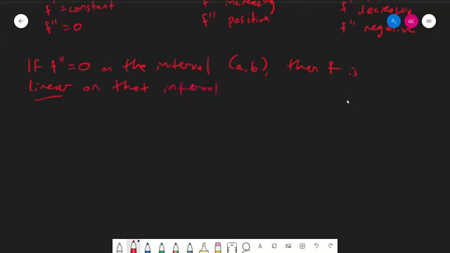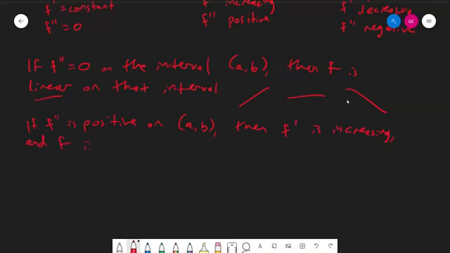So in other words, it looks something like this, or this, or this. If f double prime is positive on the interval from A to B, well, that means that f prime is increasing and we say that f is concave up.